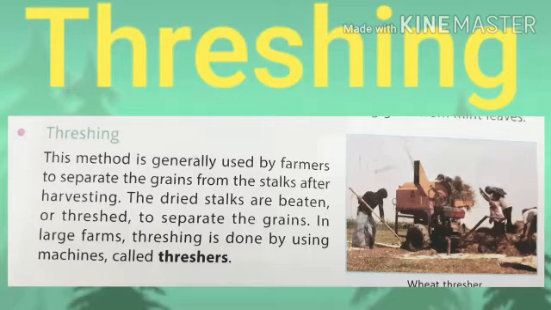Dear student, have you observed sometime that the bundles of paddy crop are beaten on a hard structure so that the grain of the paddy, you can say rice, can separate out from the stalk? Such a method is known as threshing.